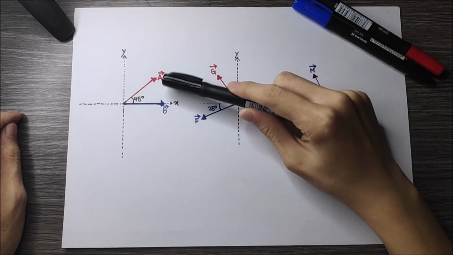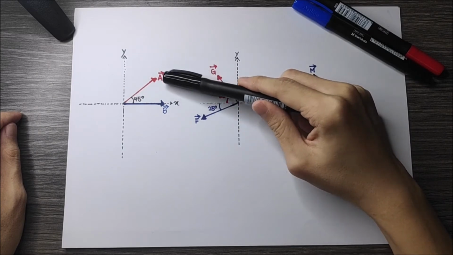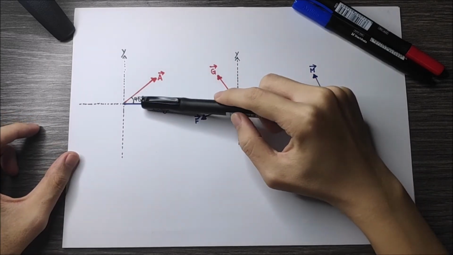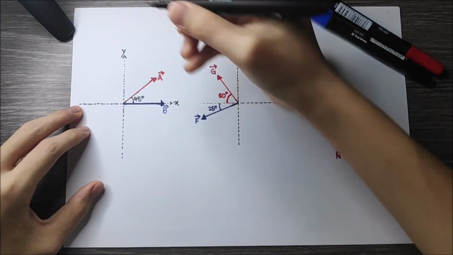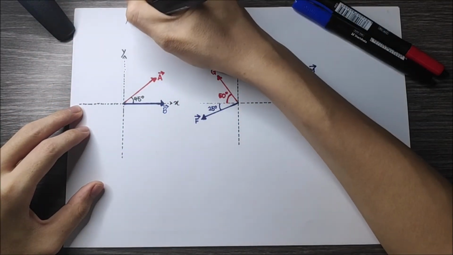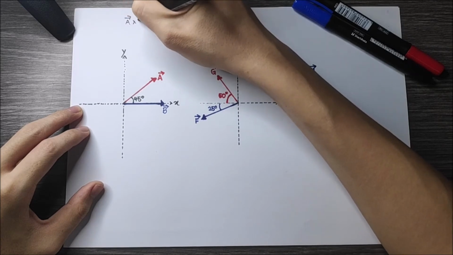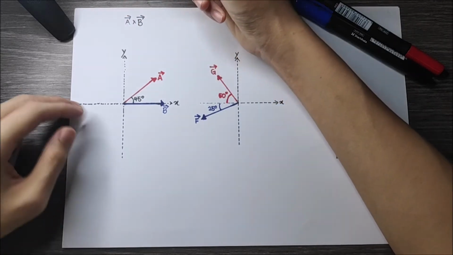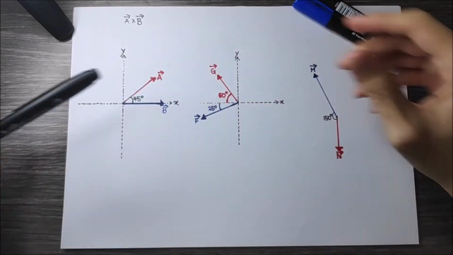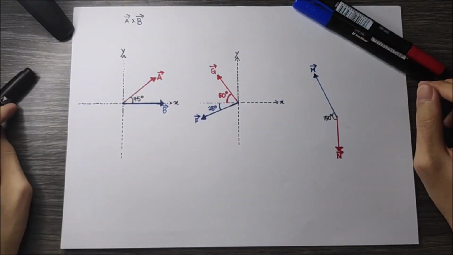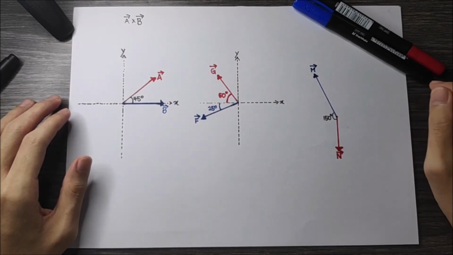We'll be using the same example as just now, with vector A and vector B with an angle of 45 degrees between them. So let's say today we want to find the vector product of A cross B. In this case, how do we find the direction? The magnitude we've discussed just now, so we'll be focusing on the direction.